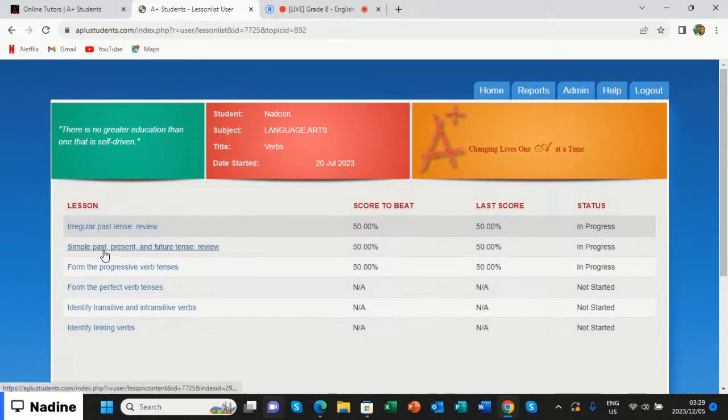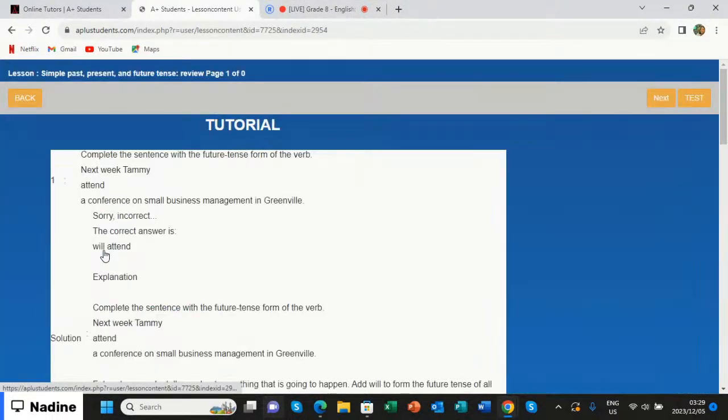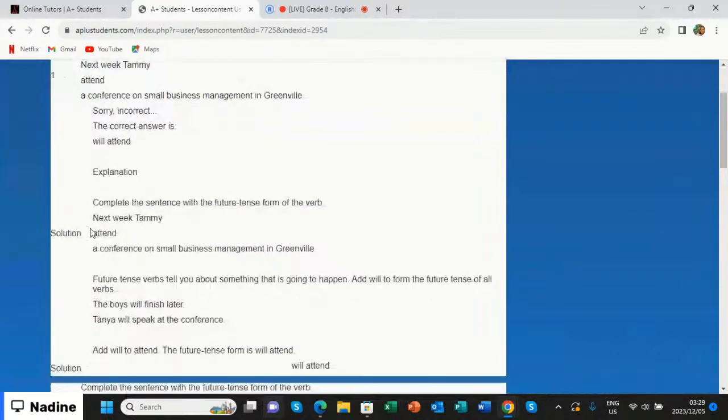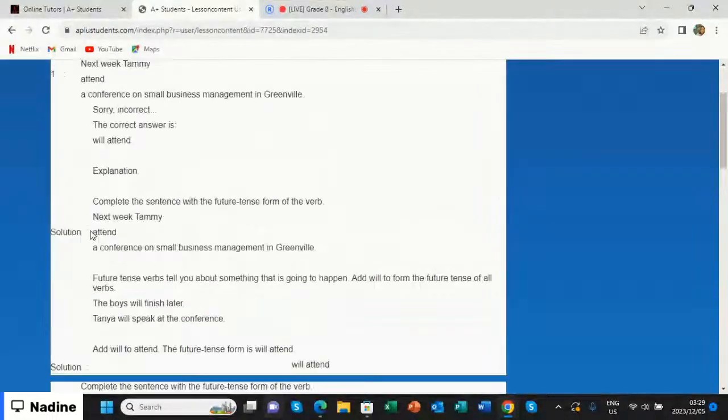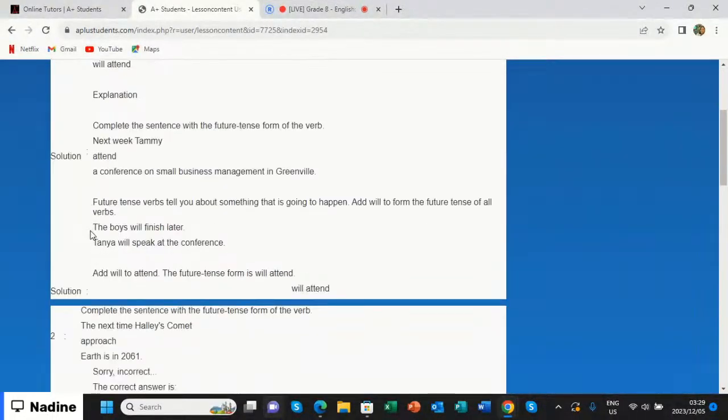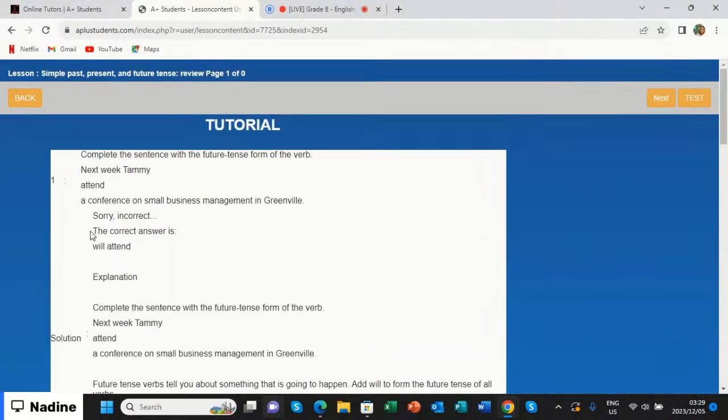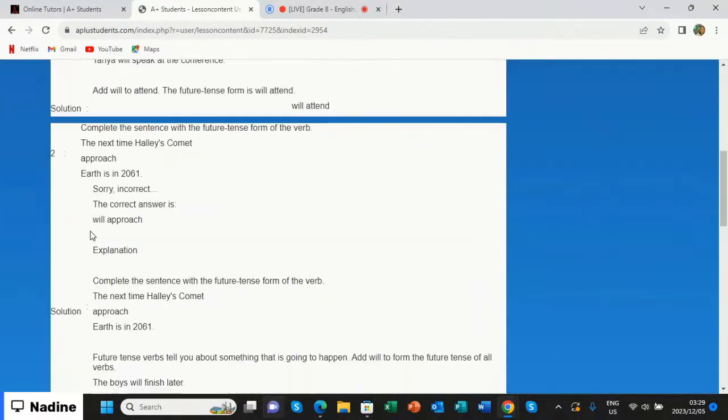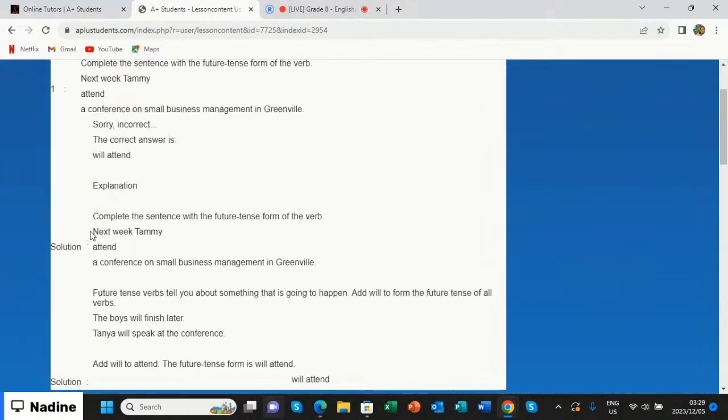So now we have simple past, present, and future tense. All right, so basically when it comes to present tense, right? Present tense is straightforward.